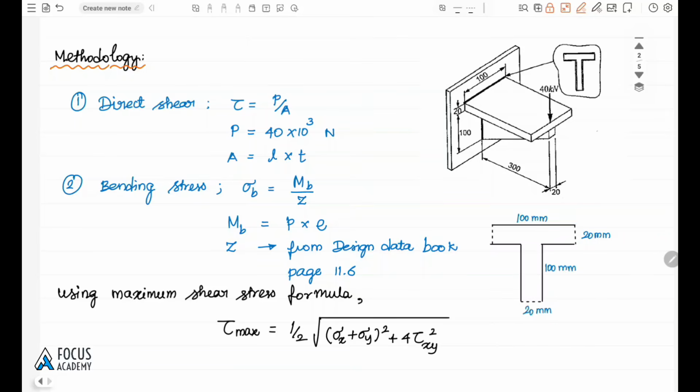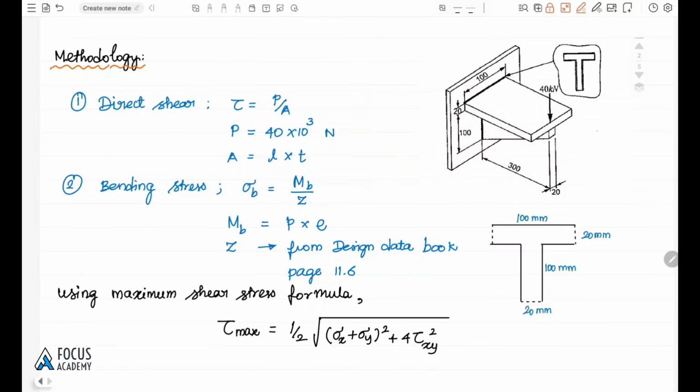Here the condition is that the load acting plane and the supporting plane, that is the welding plane, are perpendicular to each other. Here this is the welding plane, and this one is the load acting plane. So there will be two different stresses induced on the weld.